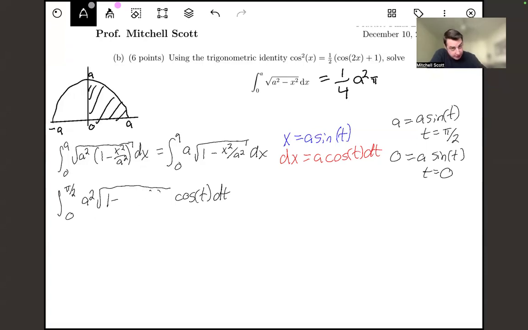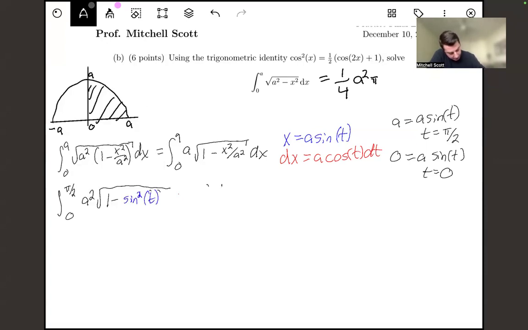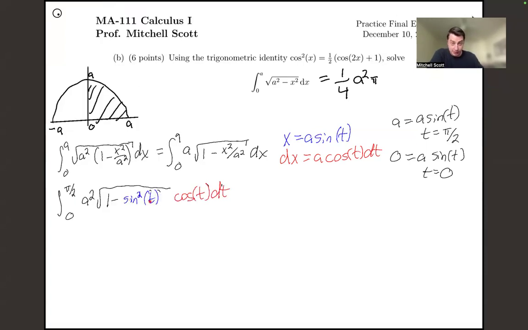This was sine squared of t in blue, and this is going to be red, cosine of t dt. So one of the things that we would expect you to recognize is the fact that this square root of 1 minus sine squared t is related to 1 equals sine squared t plus cosine squared t, right? This is often called the Pythagorean identity.